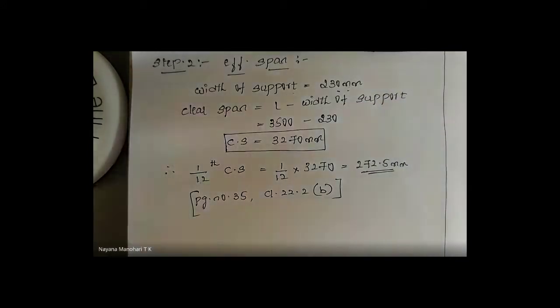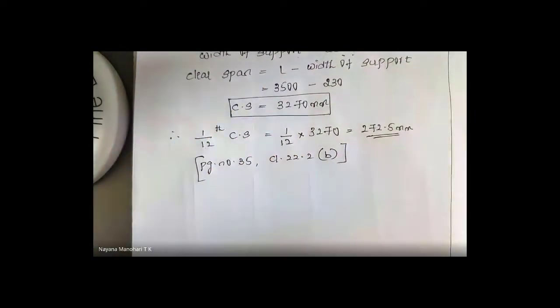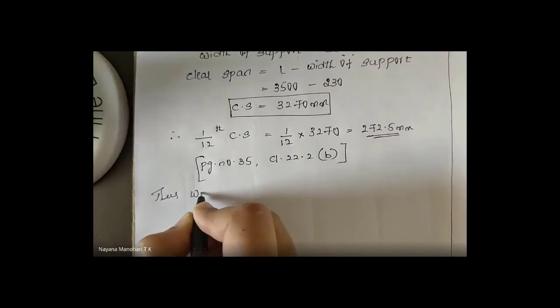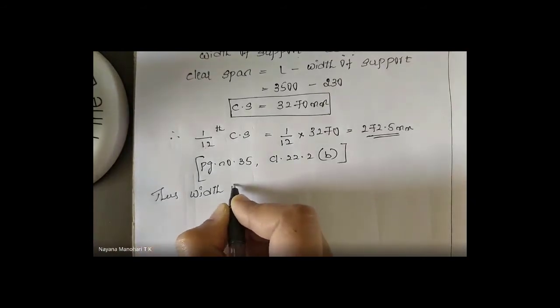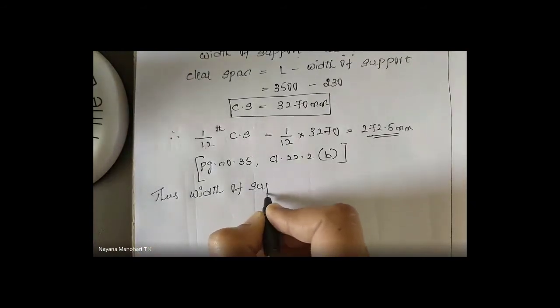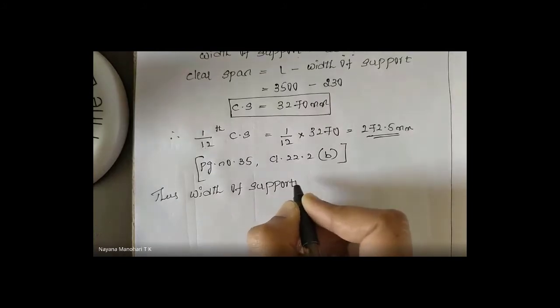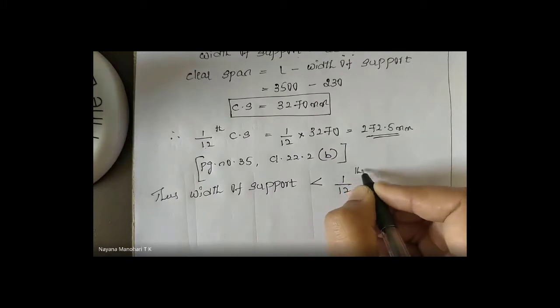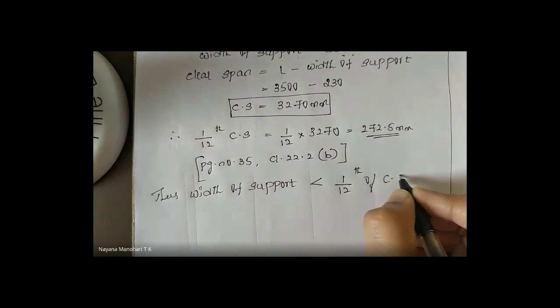Compare these two values and write down thus: width of support is less than 1 by 12th of clear span.